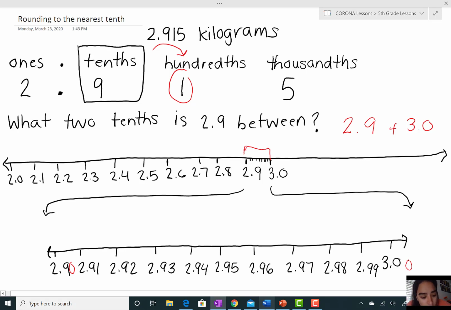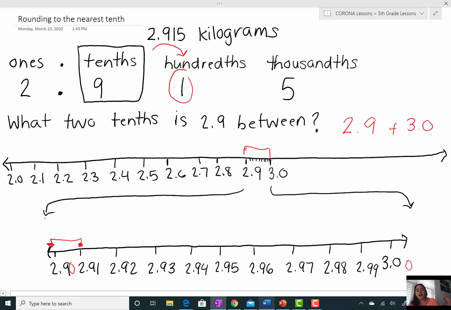So look, here's where I'm at, 2 and 91 hundredths. When I look at my number line, I can easily see that 2 and 91 hundredths is closer to 2 and 9 tenths.